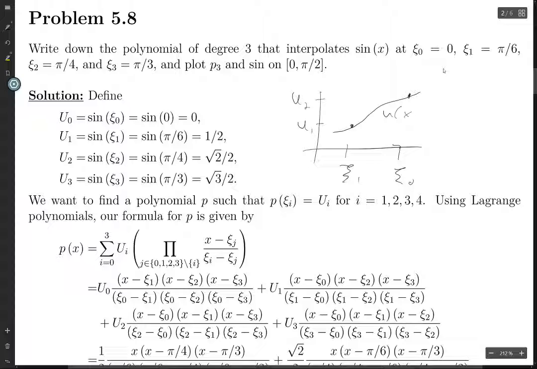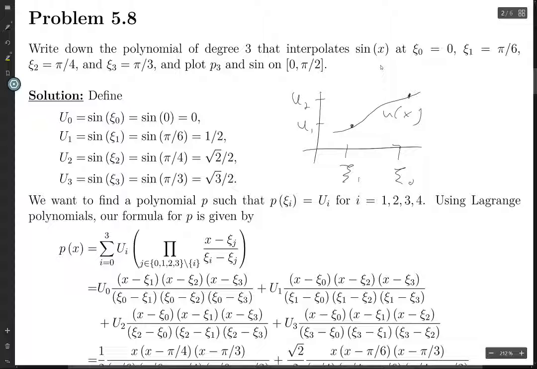Defining the capital U's allows us to find these actual points on the graph. Of course, this graph that I've drawn doesn't really make sense here because the function we're approximating is sine, so it would really look like that, but better and not awful.